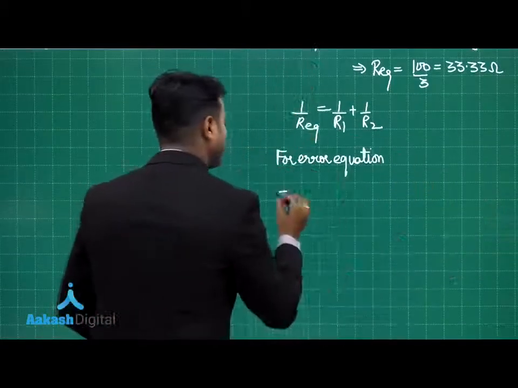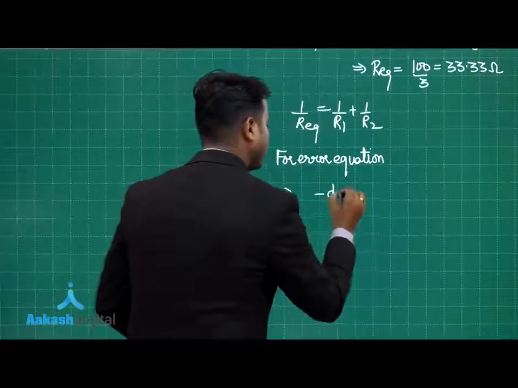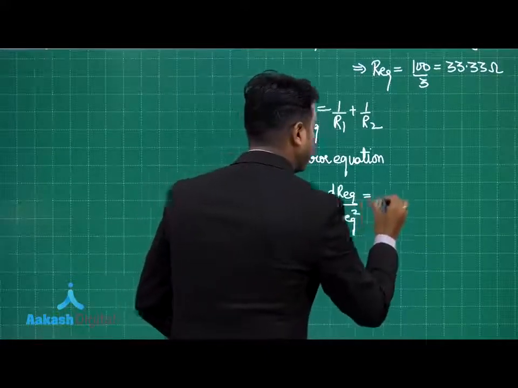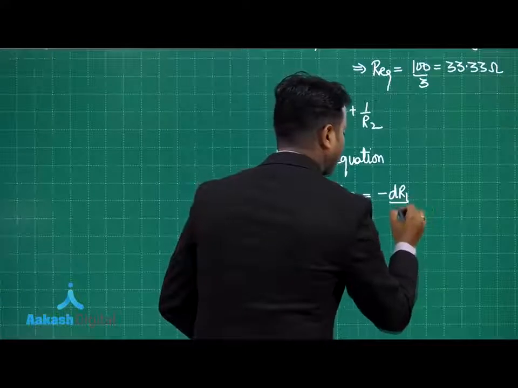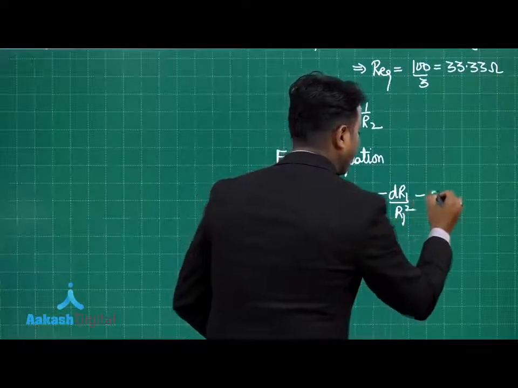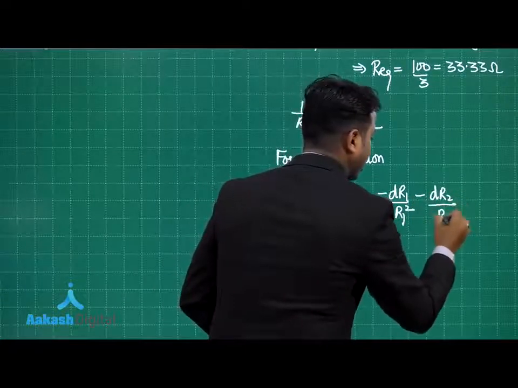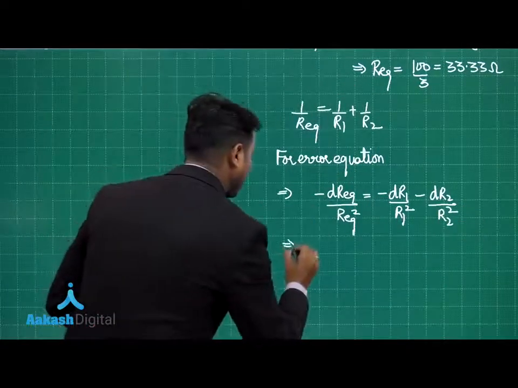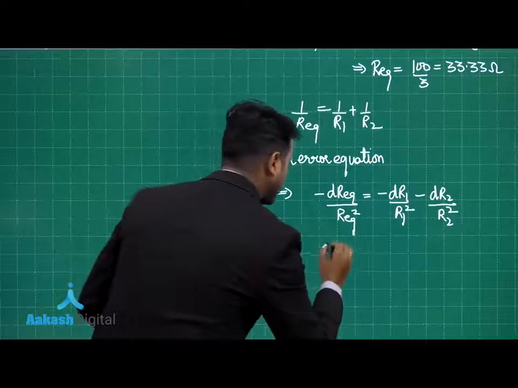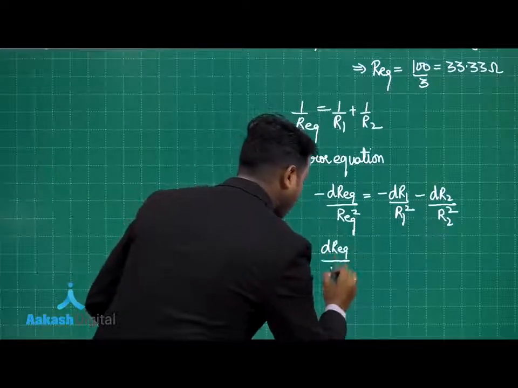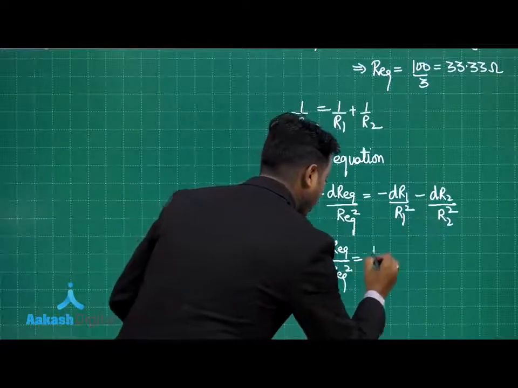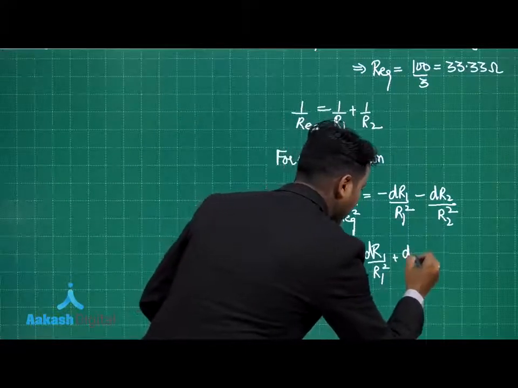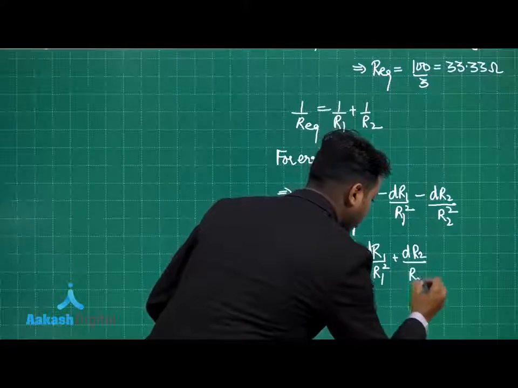What do we get? So this is minus dR equivalent by R equivalent square is equal to minus dR1 by R1 square minus dR2 divided by R2 square. Now negative can be taken common and then cancelled from both sides. This is dR equivalent by R equivalent square is dR1 by R1 square plus dR2 by R2 square.